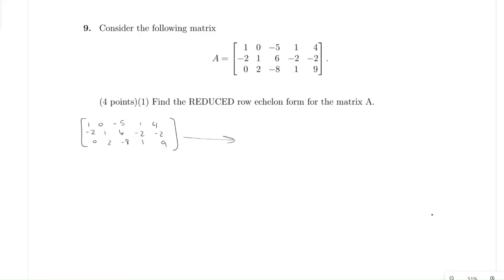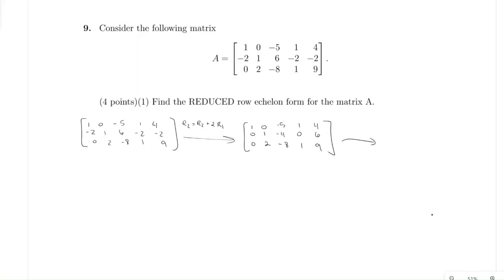So the first thing we can do is row 2 equals row 2 plus 2 times r1. I'm just adding 2 times row 1 to row 2, and that gives me 1, 4, 0, 1, -4, 0, 6, 0, 2, -8, 1, and 9.